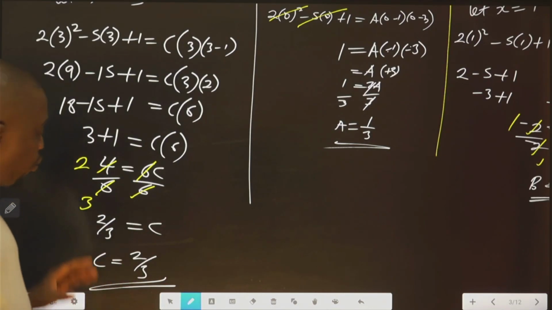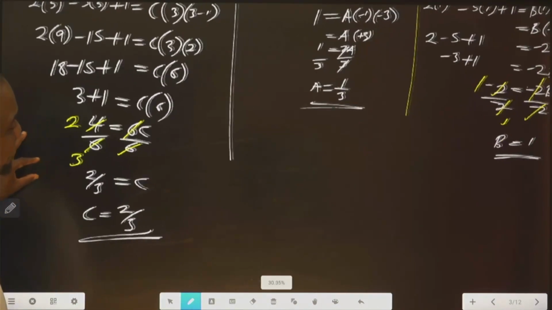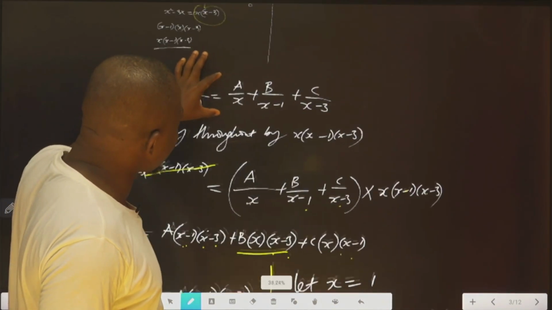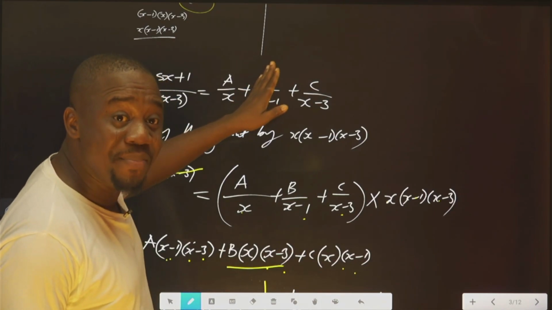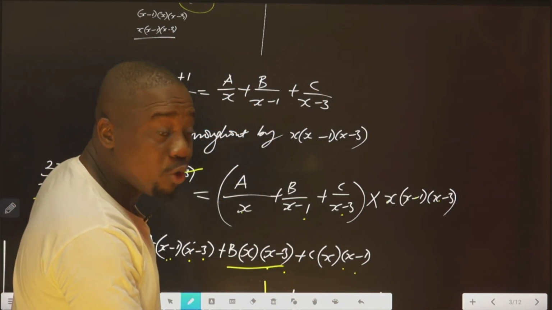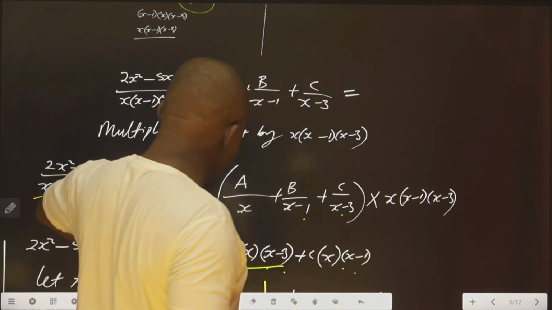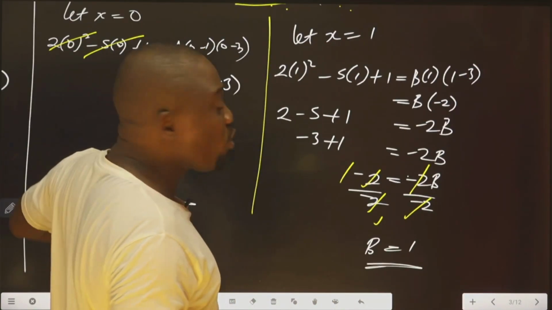Okay? So now we have a, we have b, we have c. We go back to our first expression. This was the first expression. We're just looking for a, b, and c. So we're going to say now this is actually equal to, what is our a? Our a is 1 over 3.